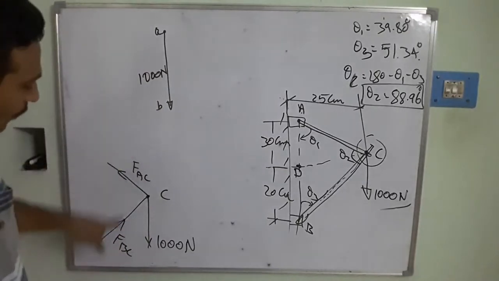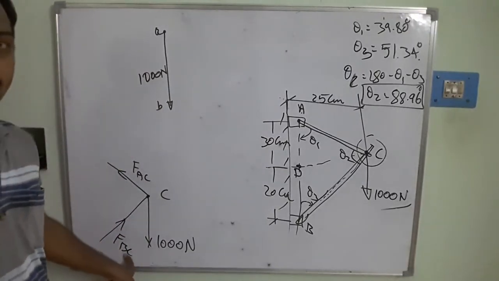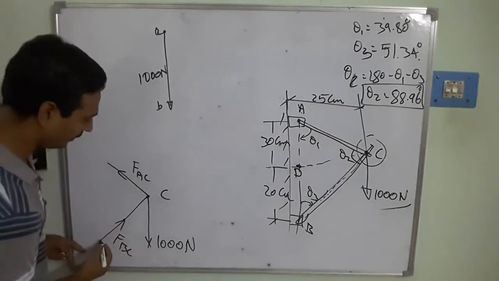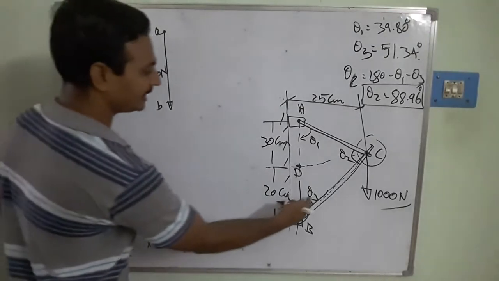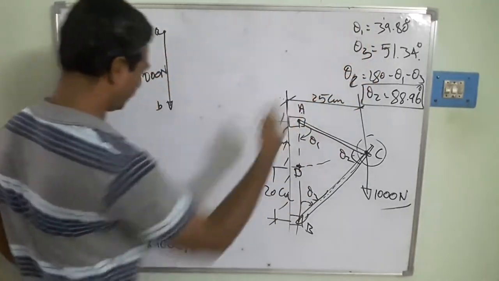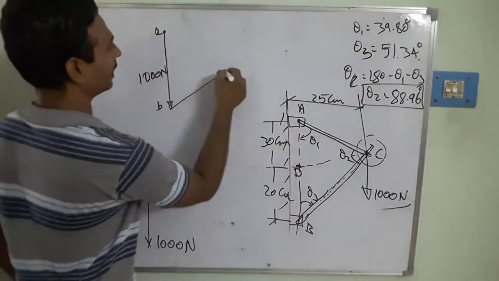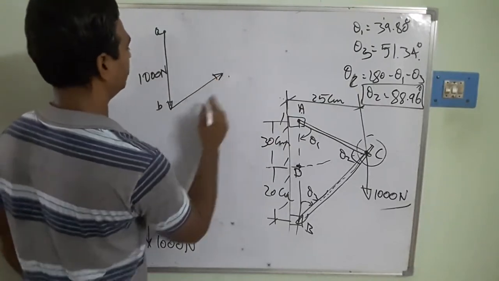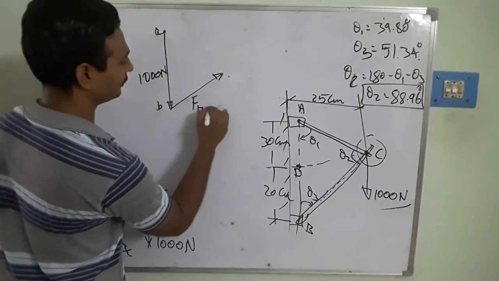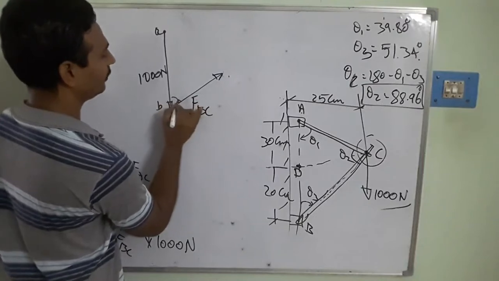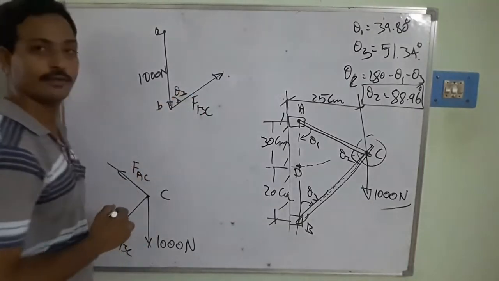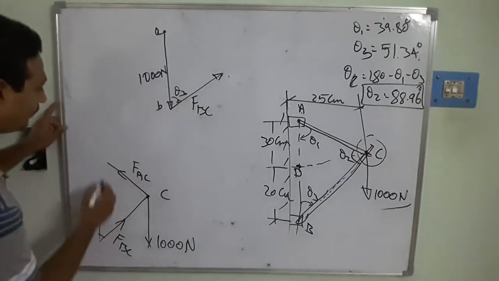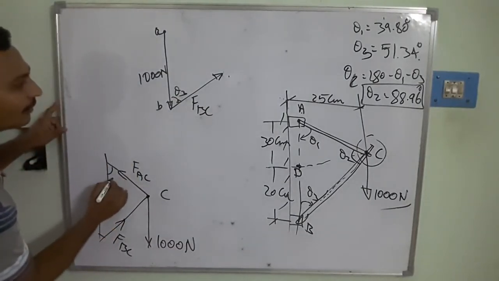And after that, we are going to take the FBC. This force is acting at an inclination. What is the inclination of this one? With the vertical axis, it is theta 3. So theta 3 is already there, and I am going to draw it here. This force is your FBC force, making an angle of theta 3 with the vertical. Right? And similarly, the FAC force, with the vertical, is making an angle of theta 1.